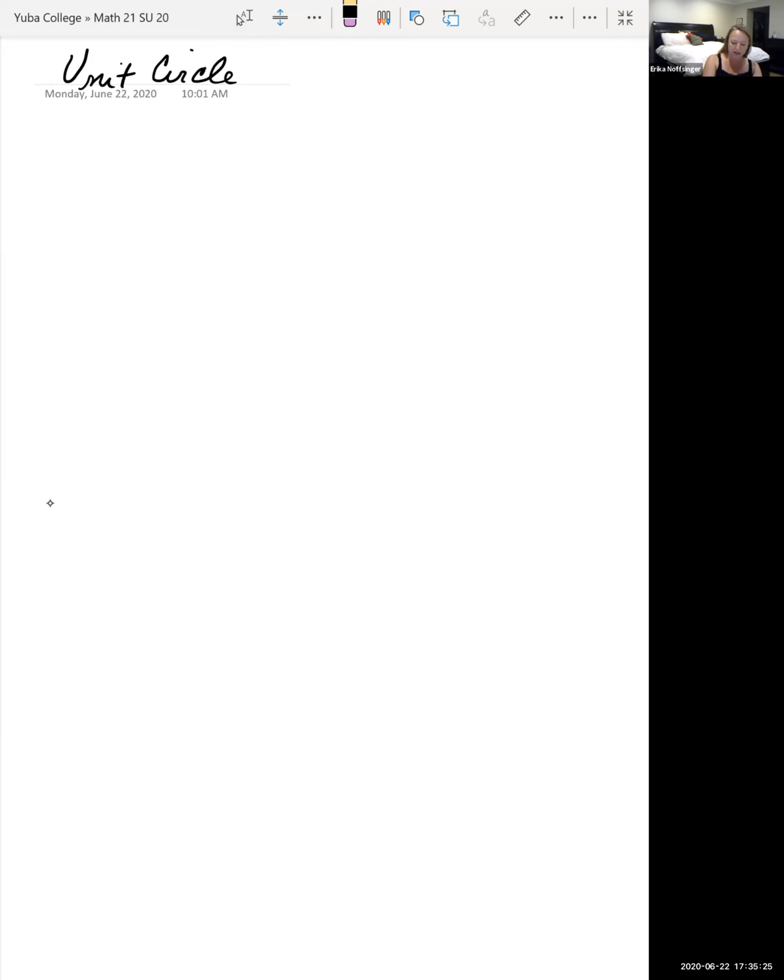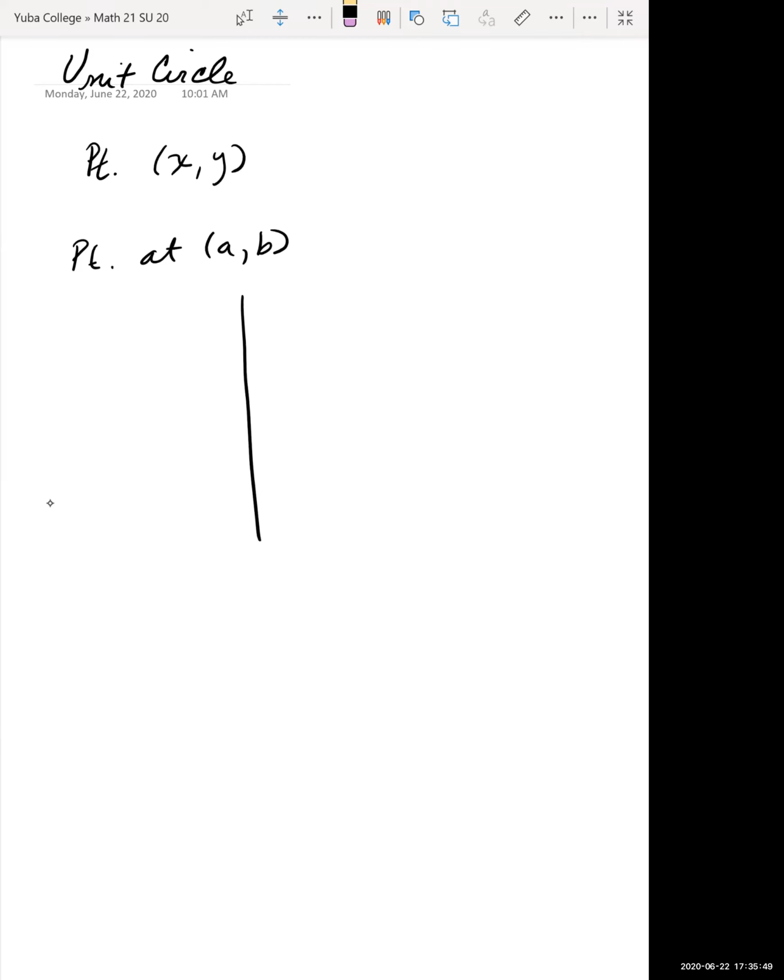So again, let's just review. Let's say you had some point, and I called it XY, but in this case, your book calls it AB. So let's say you have a point at AB. You located that point AB and graphed it.